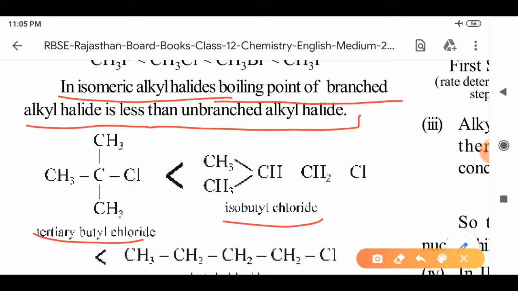There is no difference in molecular mass, but on branching the boiling point decreases. The first one has maximum branching, the second has low branching, and the last has no branching, a straight chain. So the boiling points of alkyl halides decrease on branching.